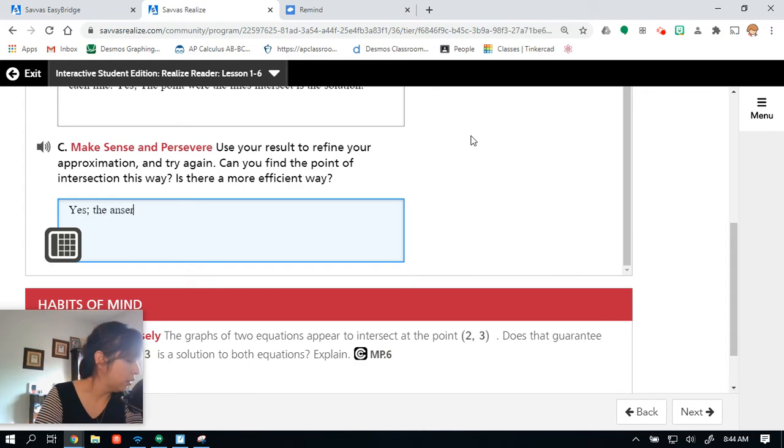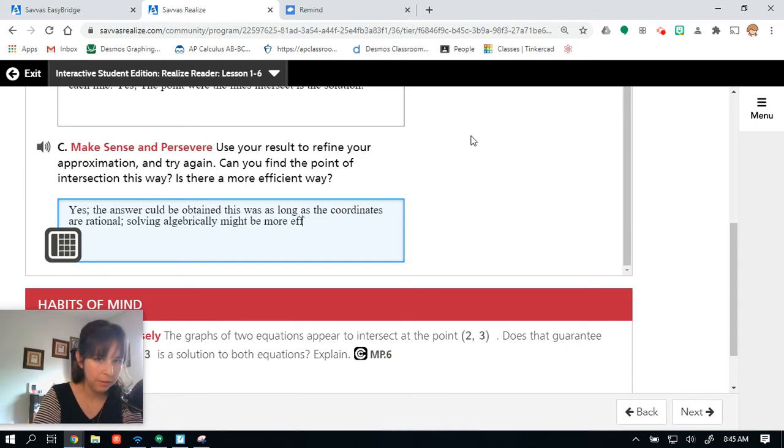And the answer could be obtained this way as long as the coordinates are rational. Oh, that's another vocab word that they haven't given you. And solving algebraically might be more efficient.